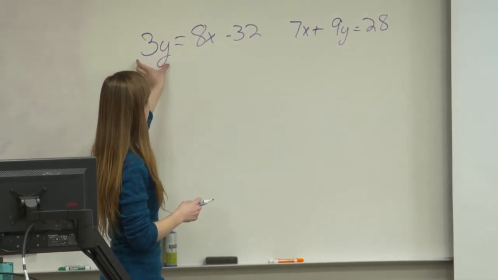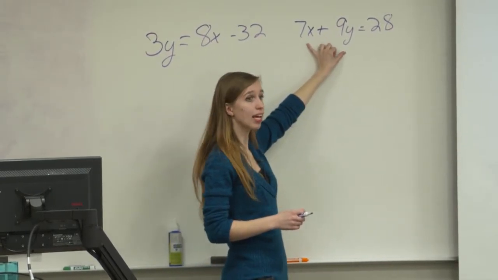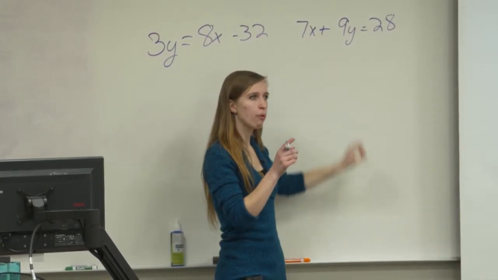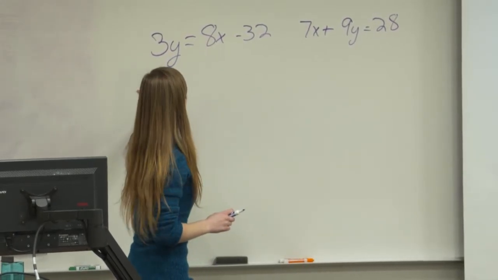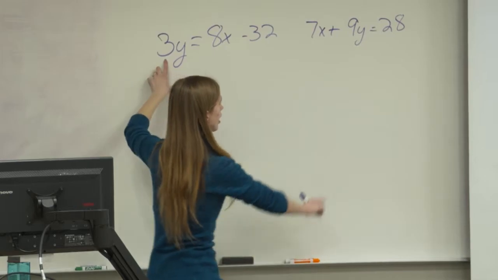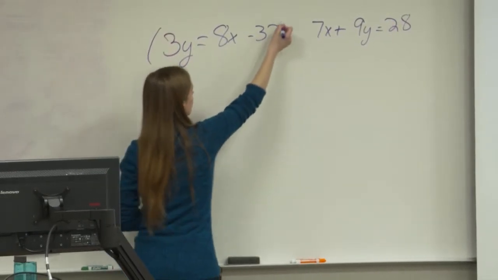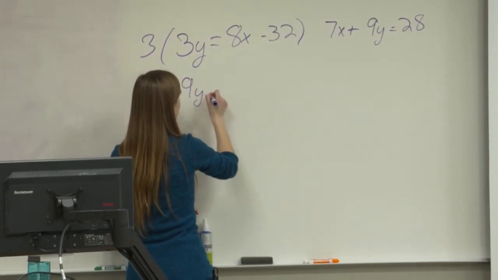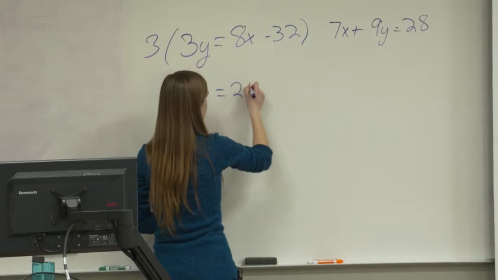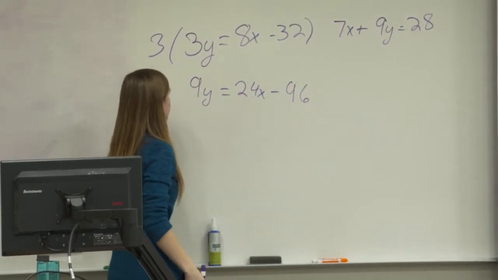Here it's talking about 3y. Here it's talking about 7x plus 9y. But what if we could get them to say the same thing? So over here, looking at this 3y, I can make that into a 9y by multiplying this whole thing by 3. So we get 9y equals 24x minus 96.